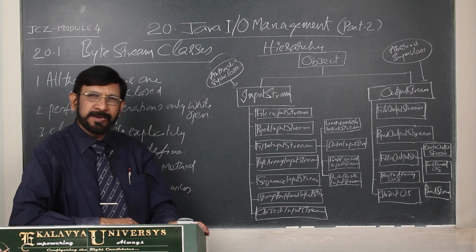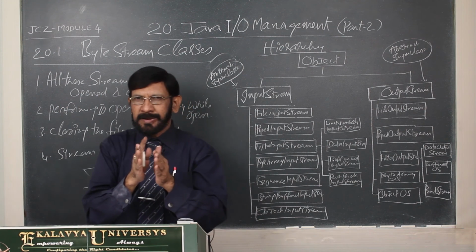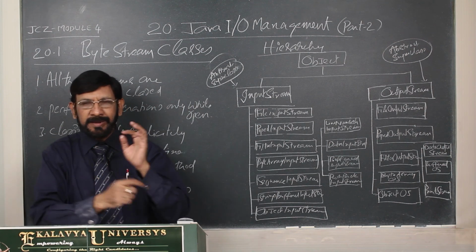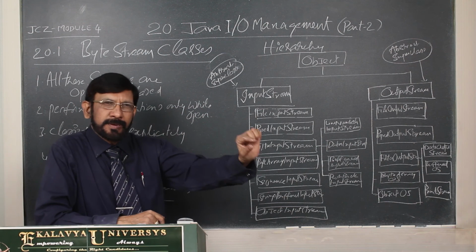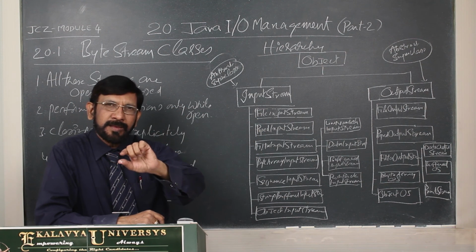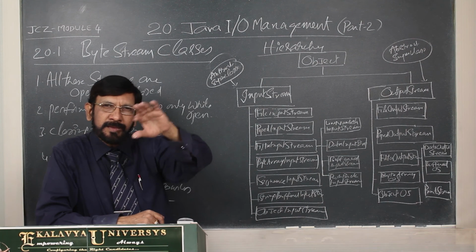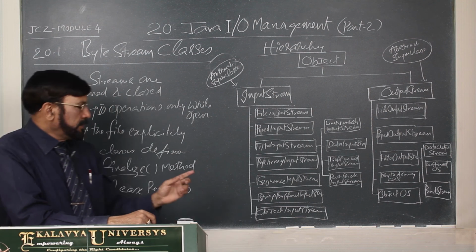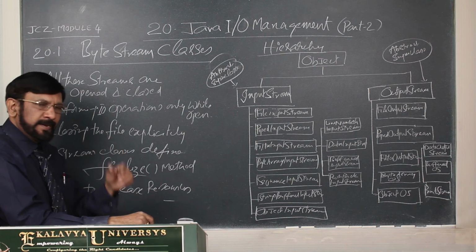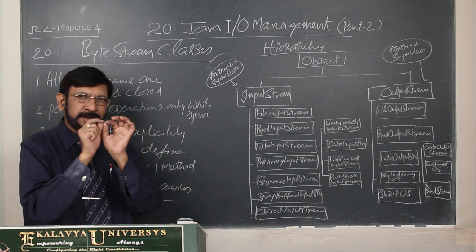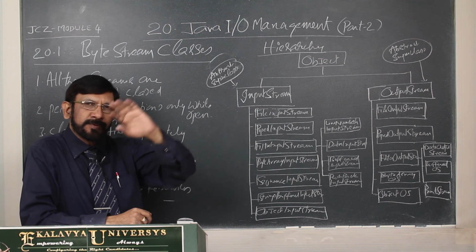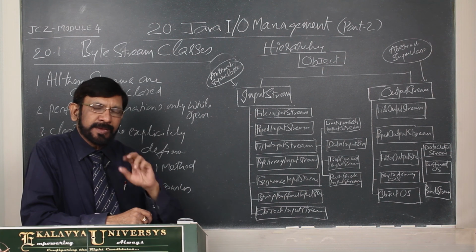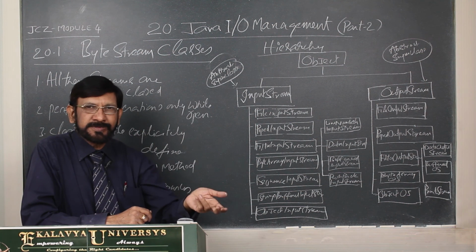What is the purpose of the finalize method? The garbage collector recycles the object. Before recycling the object, some resources are connected to that. As I told you, a file, a web connection, like that resources are connected to that. When the garbage collector calls the finalize method, the resources are delinked and those are handed over to the operating system. By that, the operating system can allocate them to other purposes.